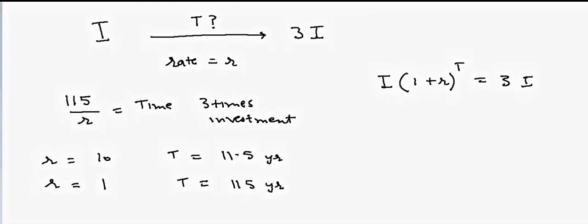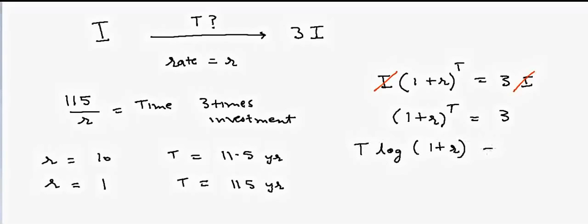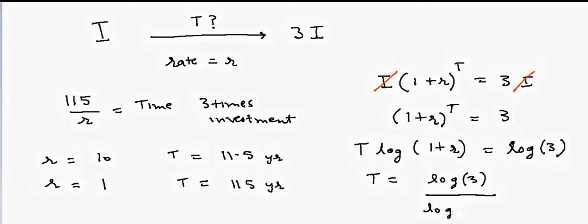In that case, I will cancel out, and we're left with 1 plus r raised to power t is equal to 3. If we solve this equation, we can take log on both sides. So t times log of 1 plus r is equal to log of 3. So t is equal to log of 3 divided by log of 1 plus r.